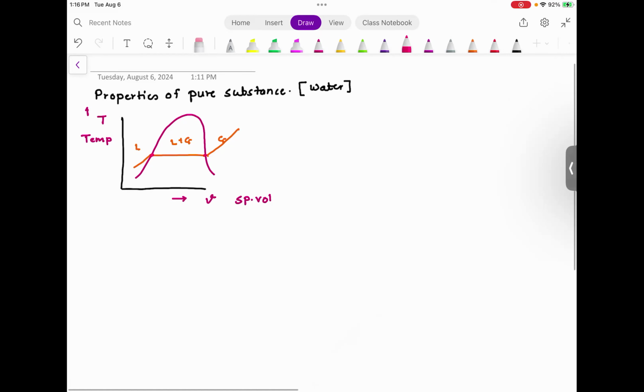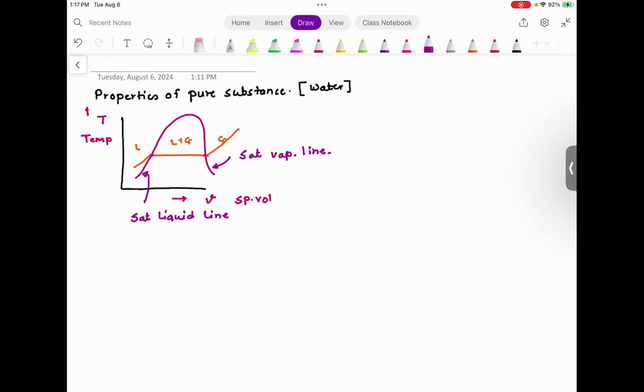This is called the saturated liquid line, and this is called the saturated vapor line. So on the left hand side, you have saturated liquid. On the right hand side, you have saturated vapor.